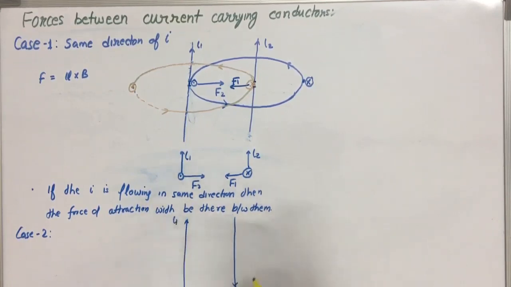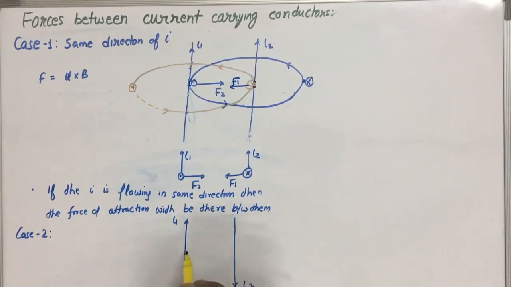So it is current I1, it is current I2. Due to this current, the field will be there, and if this current element, that is flowing charge, comes in that field, then it will experience a force.